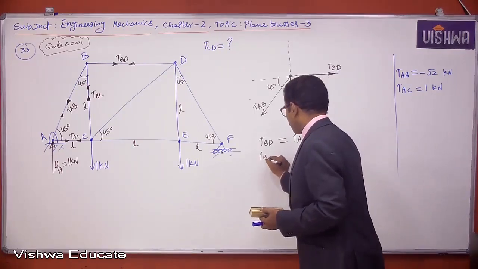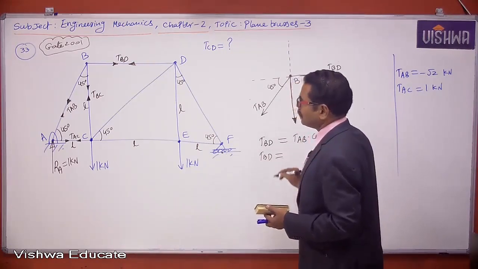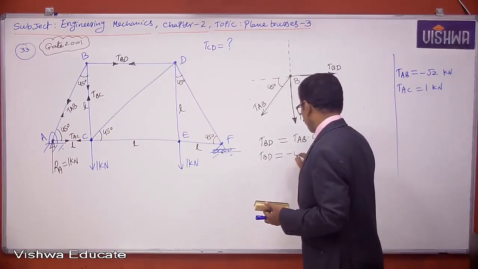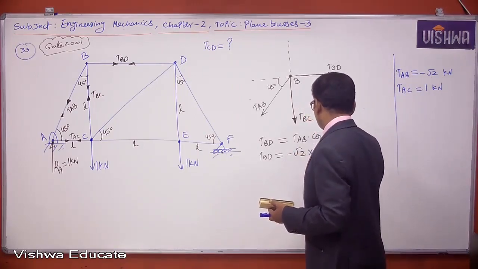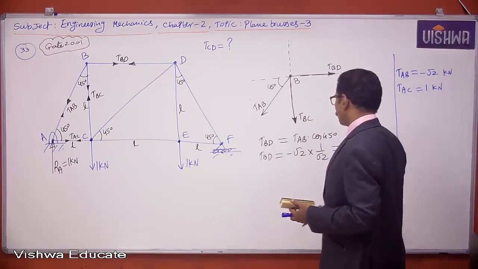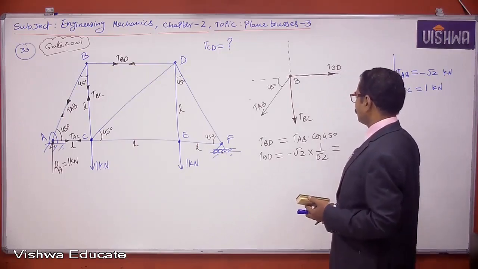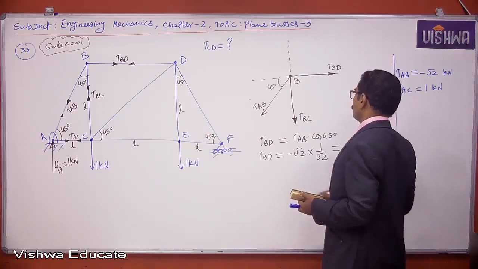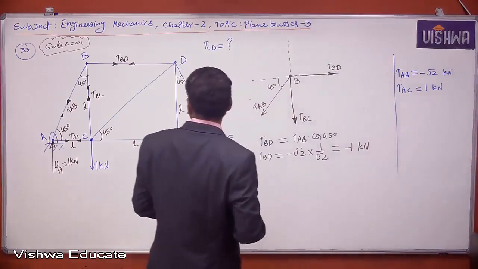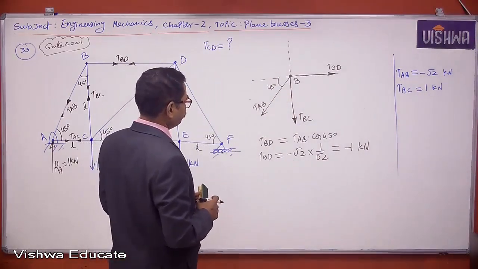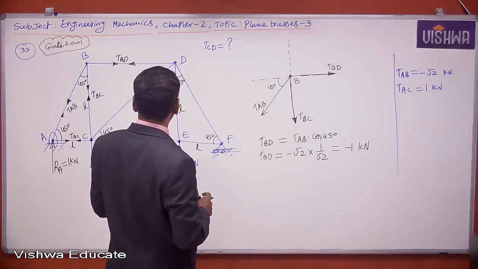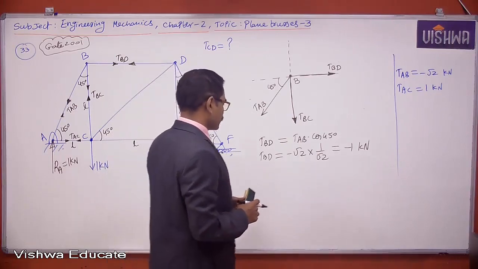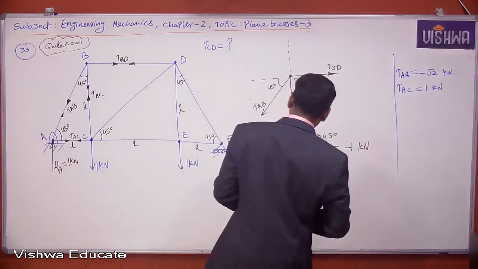Now, TBD is equal to TAB cos 45, and I already know TAB is minus root 2. So minus root 2 into 1 by root 2. Root 2 will cancel. Then obviously I am getting minus 1 kilonewton. TBD is minus 1 kilonewtons. That means BD also carries compression.